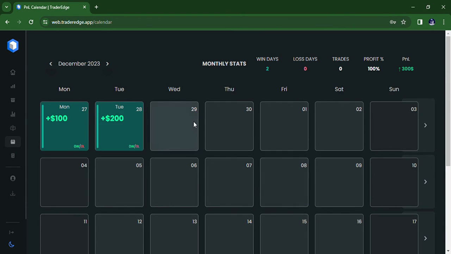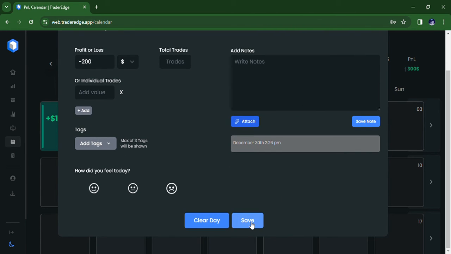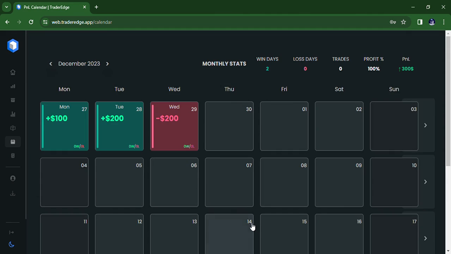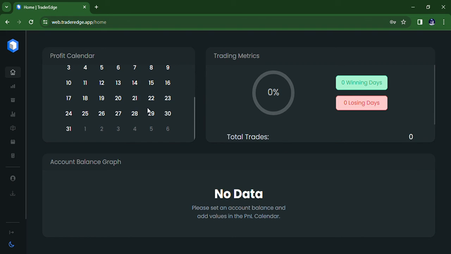Save note. Here you can add, suppose, minus. Suppose we have to add things in minus. Let us add minus 200 and save note, and you can save. So we will see the value in red. Now you can see over here, yeah, two profit, one red. So it's a profit calendar.